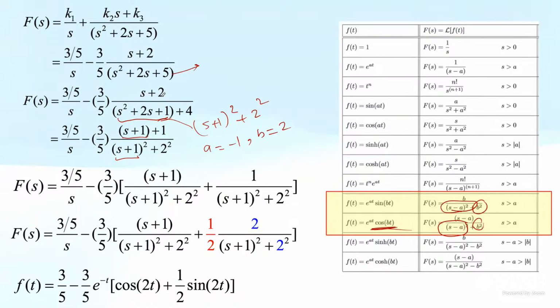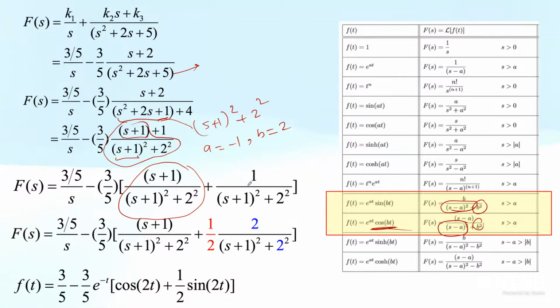So S plus 2, I will divide it into S plus 1 plus 1, right? So it will be S plus 1 divided by that part, which will be converted into exponential AT multiplied by cosine BT. What is remaining on the other side will be 1 divided by S plus 1 squared plus 2 squared.